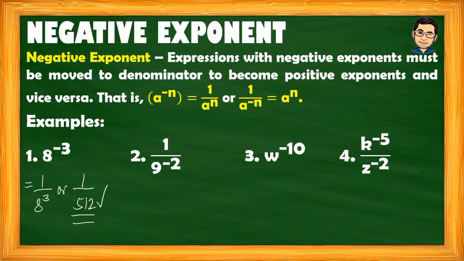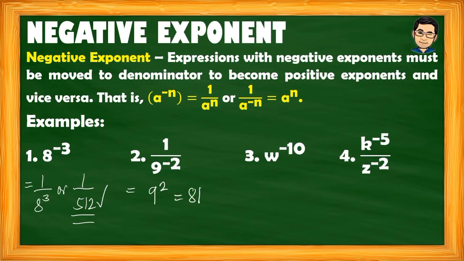Next, 1 all over 9 raised to negative 2. So, kabaligtaran nung nasa number 1, nasa denominator yung negative, i-move natin sa numerator para maging positive. So, magiging ganito siya, 9 squared. And that is 81.